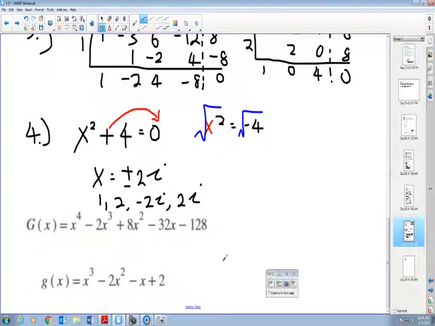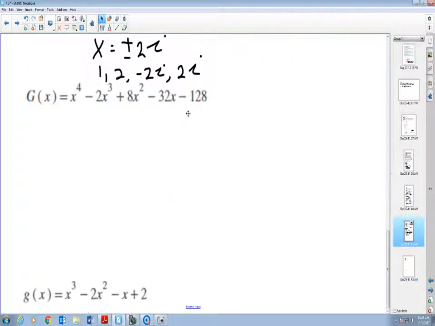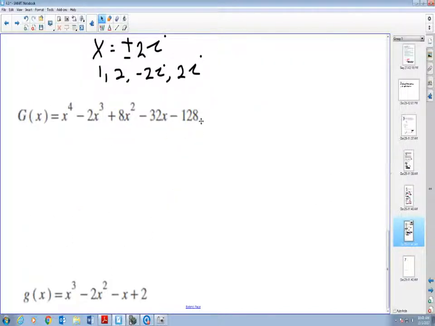Okay. Alright, why don't I pick an example? Well, you know what? I'm just going to do some of these. Okay, this one is kind of big. This 128 back here is kind of large. So let's try another one. Follow my 4-step. Let's do our P over Q thing. Now remember, the purpose of P over Q is to see if I'm going to have a fraction zero, potentially.